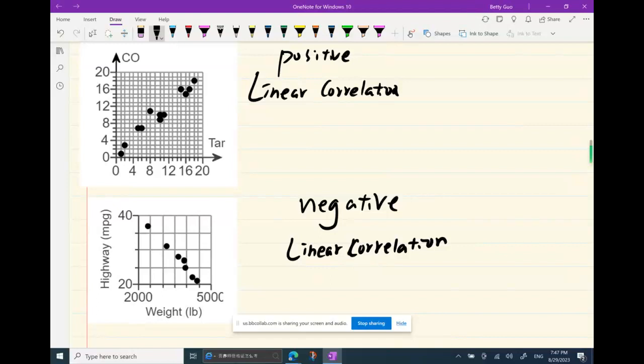Again, correlation does not represent causality. If we see a linear correlation between two variables, we cannot draw the conclusion that one variable causes the other. Two totally different things. And by the way, correlation could be any type of correlation. It doesn't have to be linear. It could be non-linear.